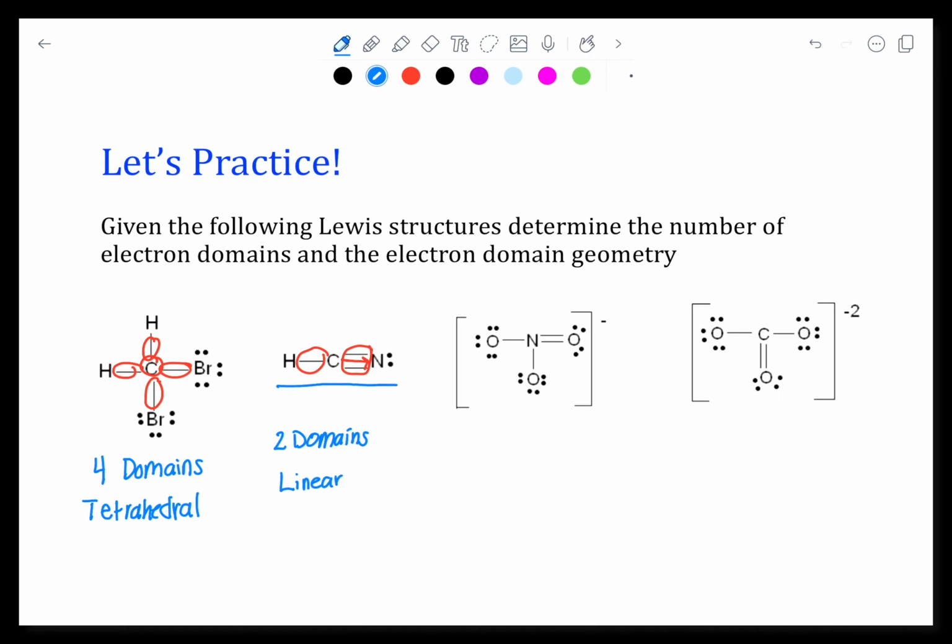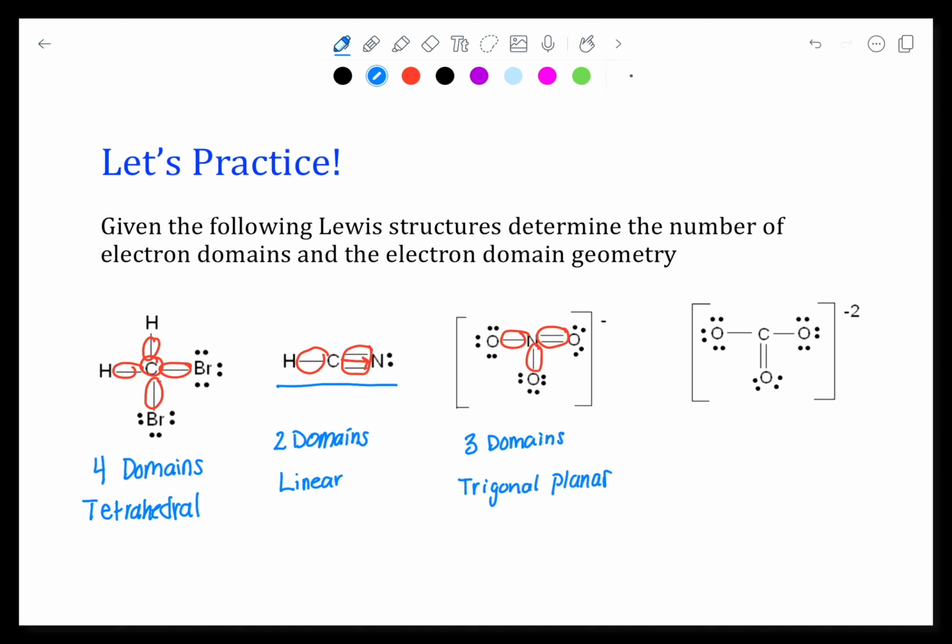Okay, our next example, we have the central nitrogen, which has a double bond, a single bond, and a single bond coming off of it. So that's 3 domains. That's AB2 for our structure. Or sorry, AB3, I should say. Goodness. AB3 for our structure. So AB3, that's going to be trigonal planar.